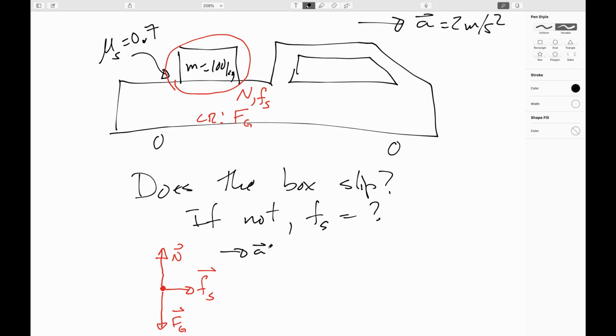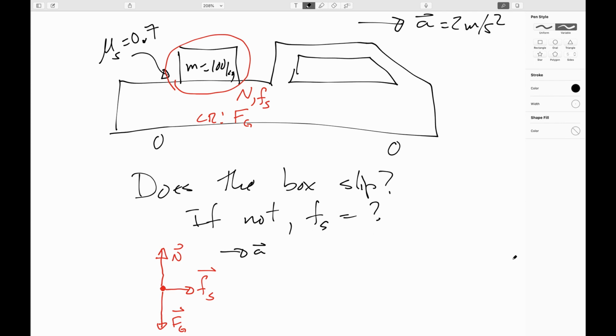Now, there are some cases where the situation can get pathological enough that you just have to guess. If after you solve for static friction you get a negative magnitude, that means that you guessed incorrectly. But most of the time you can figure it out. So it's not the end of the world if you have to do that.